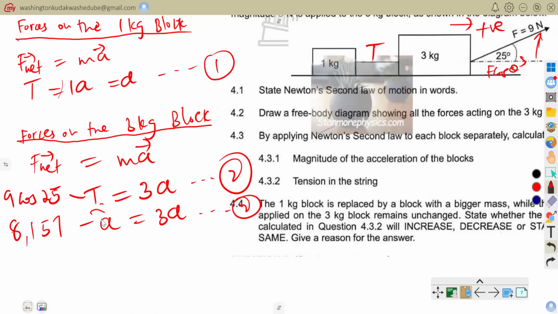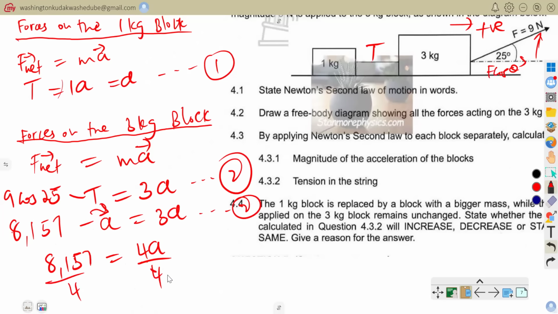Now I would transpose that to the other side. It becomes 8.157 being equal to 4a, because if I transpose the negative, it will become a positive, so they will add. Now to find acceleration, I'll divide by 4.